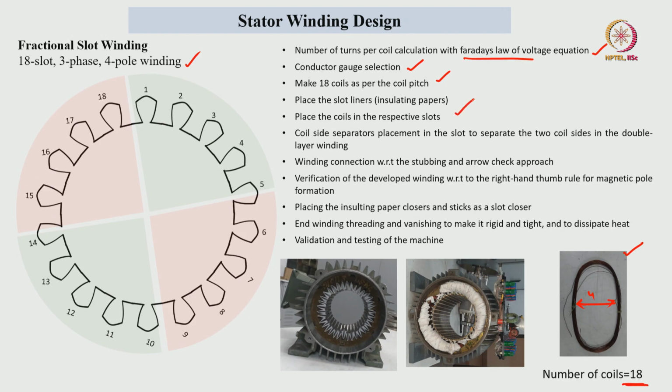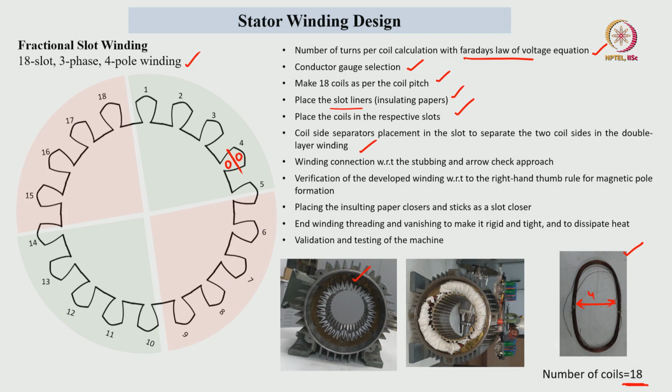and after that we have to place the coils in the respective slots, and before placing the coils we have to place the slot liners. We can see in this image the white color one, to insulate the conductors from the stator core, and coil side separators between the two coil sides. Let us say these are the two coil sides, in between we have to place the coil side separator, that is, insulating papers.